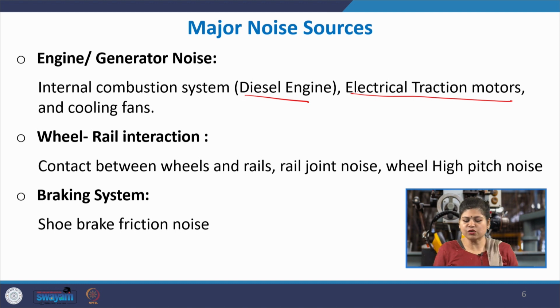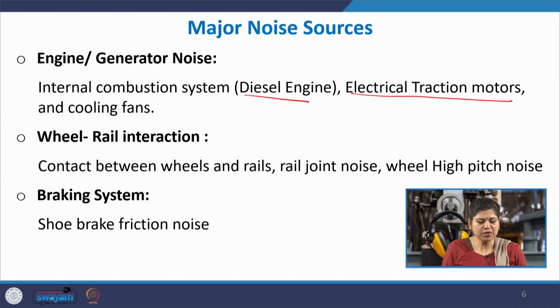At these rail joints there could be certain disjoints, or when the train is turning and shifting from one track to another, there could be a discontinuity in the railway track. All of these joints and discontinuities will give a certain jerk and vibration, and create noise. Sometimes you also have a high pitch noise that comes from the wheel rail interaction.